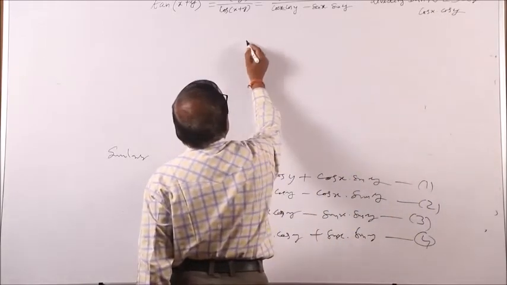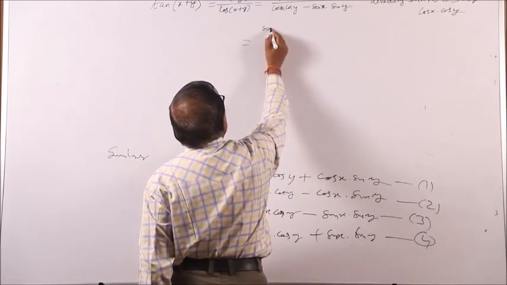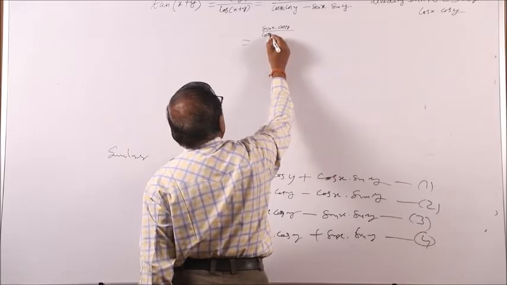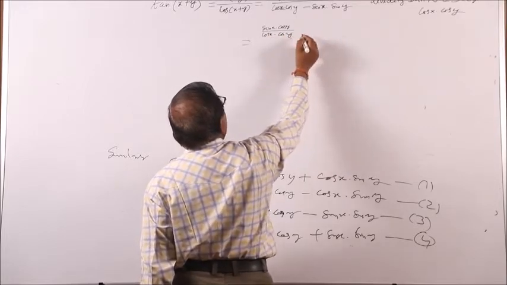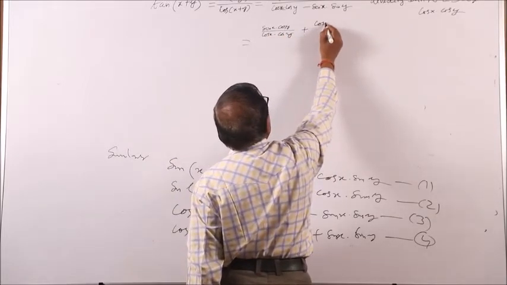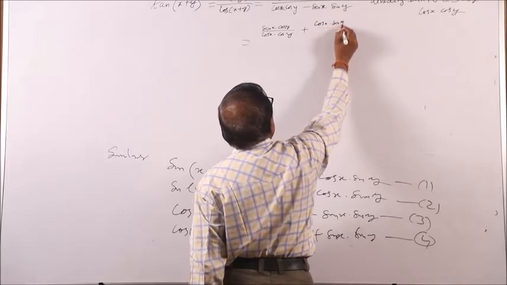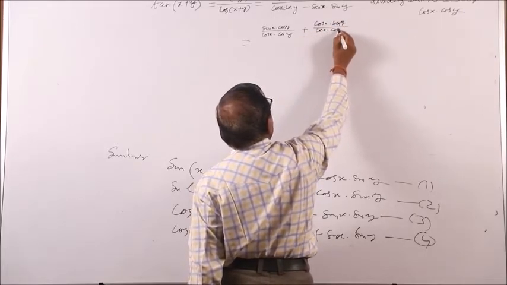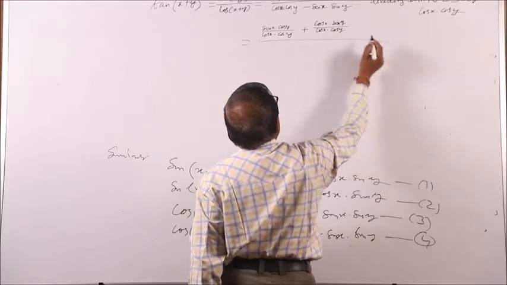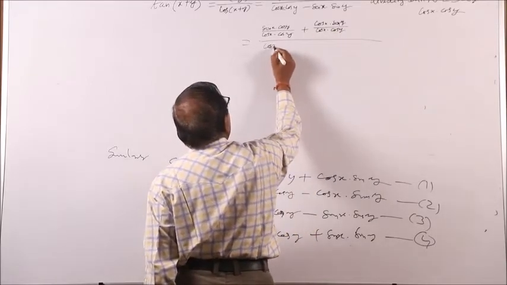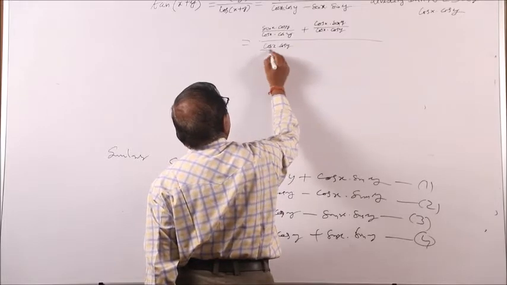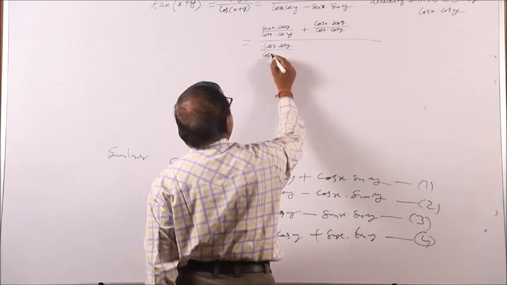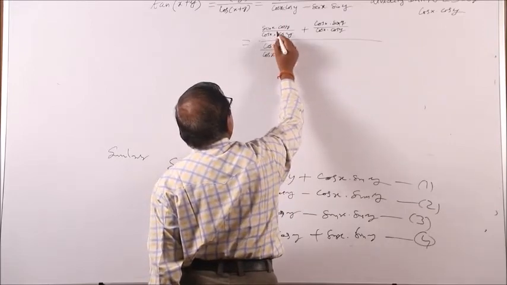So, what will you get here? You see, sin x into cos y by cos x into cos y plus cos x into sin y by cos x into cos y, divided by the same, because we are dividing throughout by cos x into cos y.